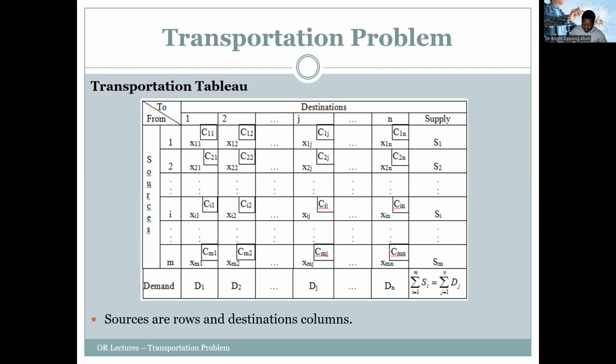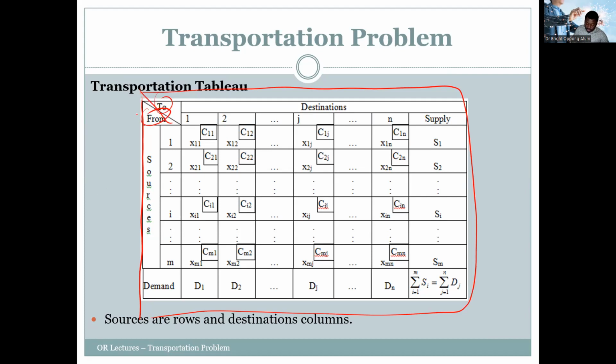It's very simple. We have the table, and you always have where it's coming from and where it's going. So where it's coming from are the sources, and where it's going are the destinations, right?